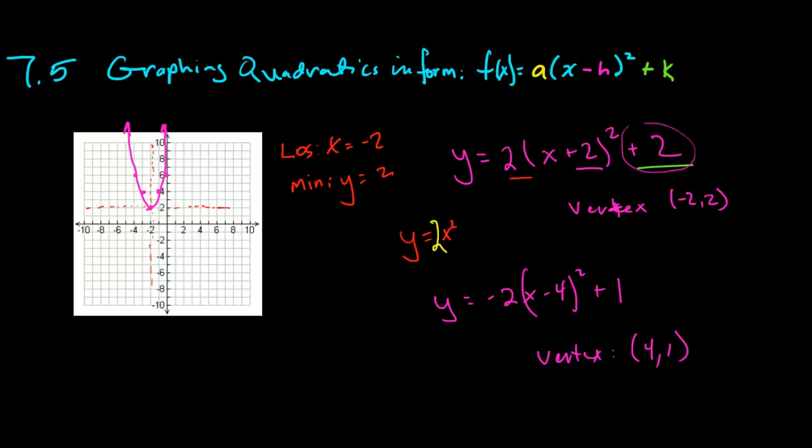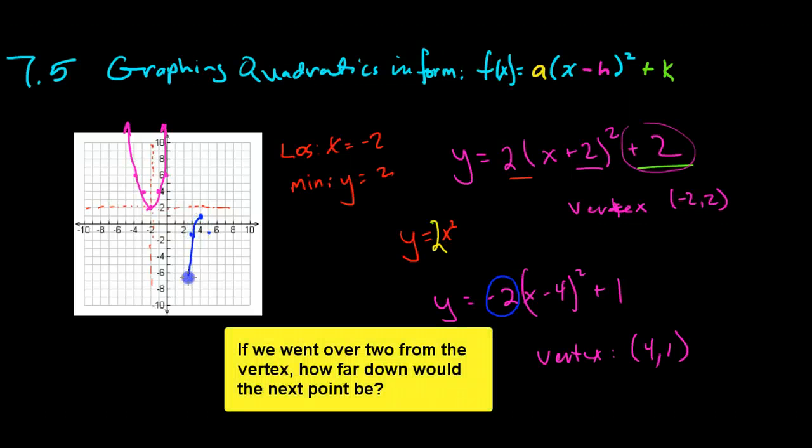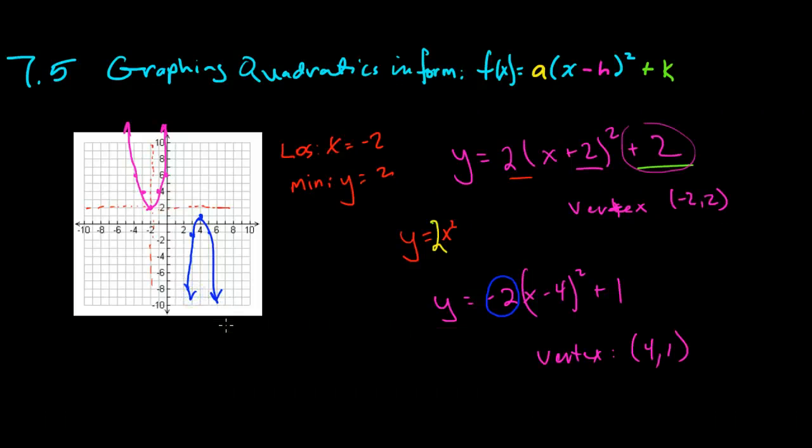So it'll be, let's do this one in blue, 4 and 1. There's our vertex. This is going to open down -2. So over 1, down 2. Over 1, down 2. And then we would just draw our parabola like that. Case closed. Well done. Good job.